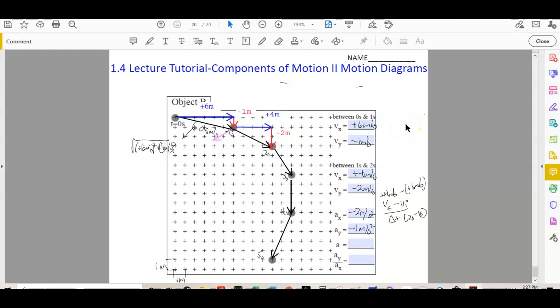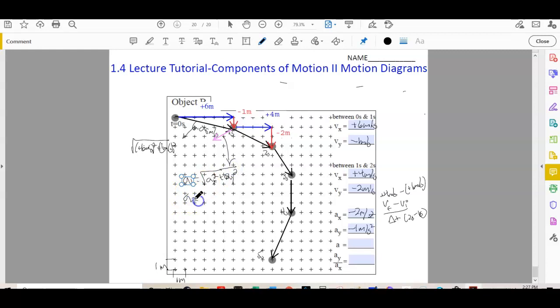So to find out what the overall acceleration vector is right there, the overall acceleration is going to be the square root of ax squared plus ay squared.